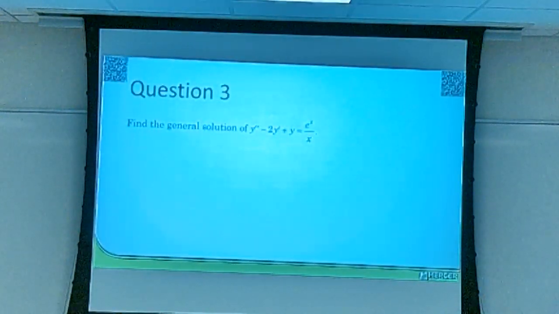Oh, there. Thankfully, that's only second order. That's going to be better. And again, what you want to do is generally look at what it equals and go, can I use undetermined coefficients? If not, then you have to use variation of parameters.